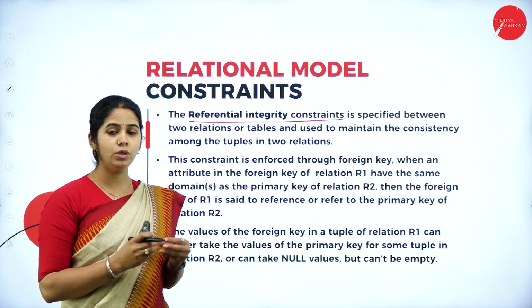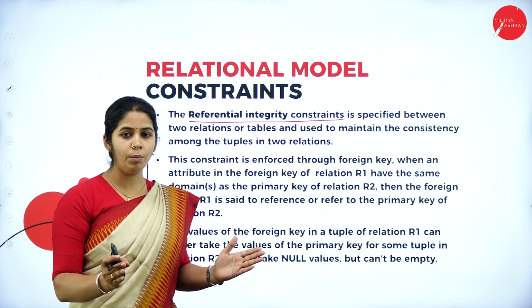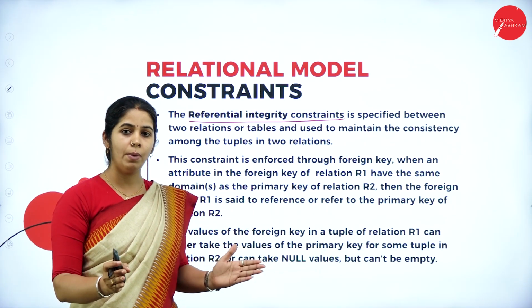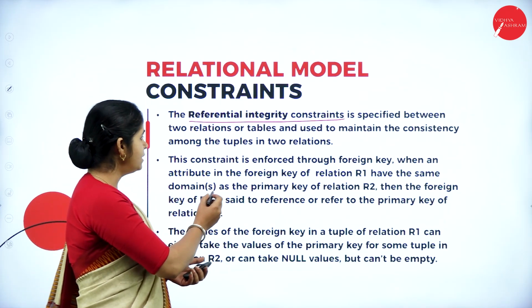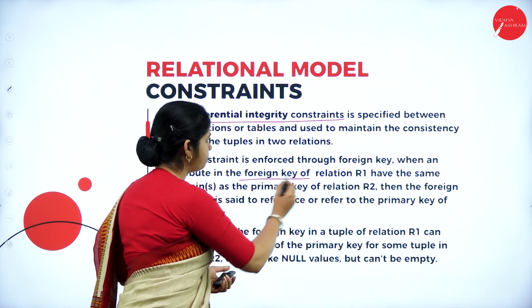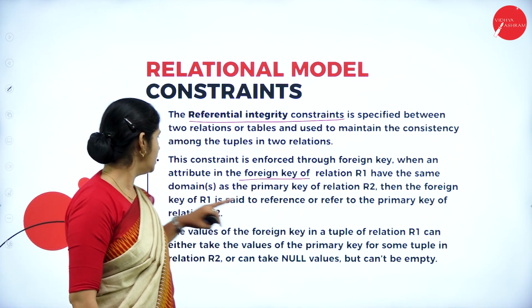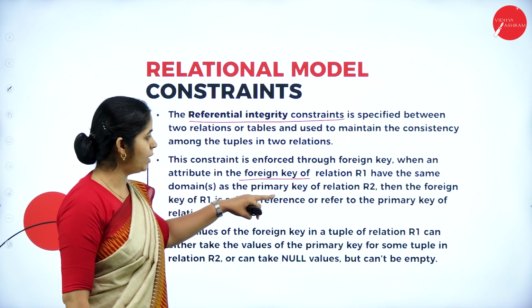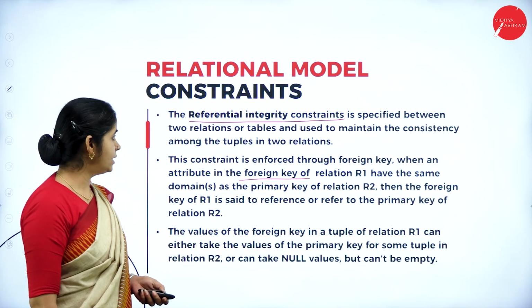To provide a connection, we should have some common element between the two tables. How do we provide that common element? By using key references. So this is also called a foreign key. The foreign key of relation R1 has the same domain as the primary key of relation R2. I'll explain this with an example.